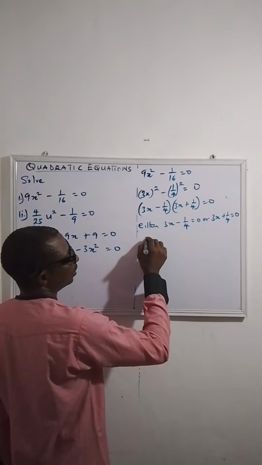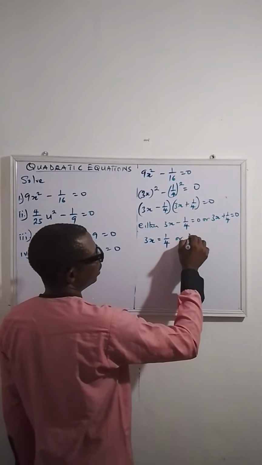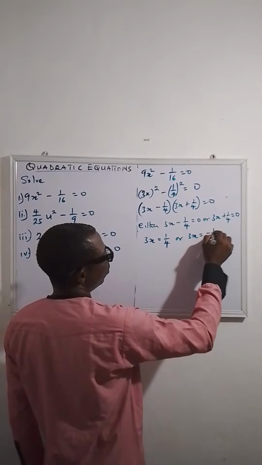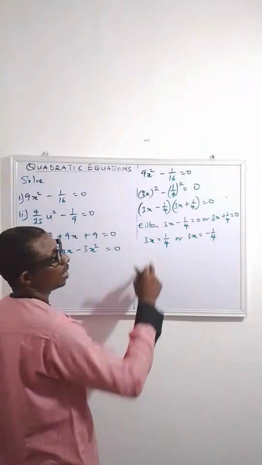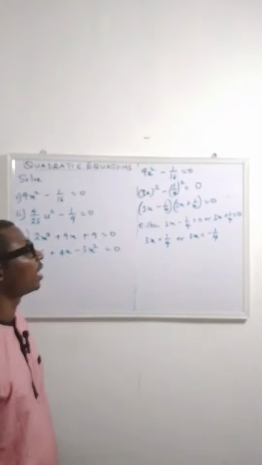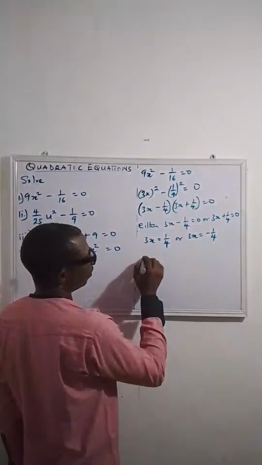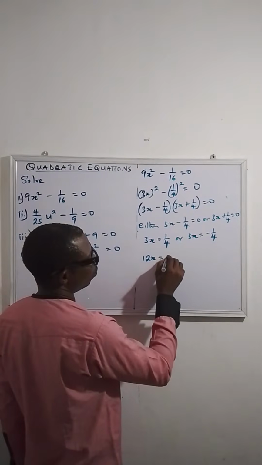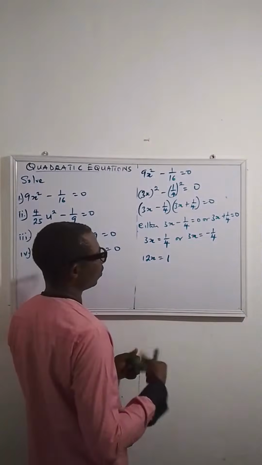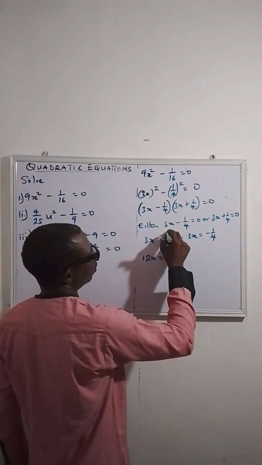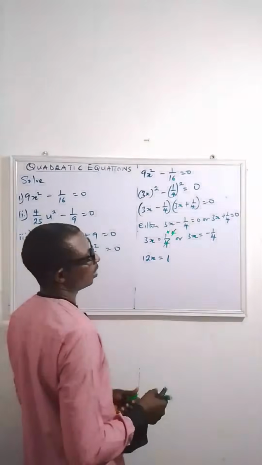So we have 3x equals 1 over 4 or 3x equals negative 1 over 4. Here you multiply both sides by 4 so that you clear the fraction. When you multiply this by 4, you have 12x equals 1, since 4 cancels 4 and you have 1.